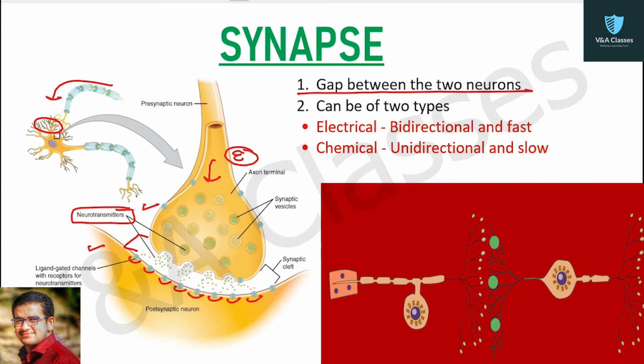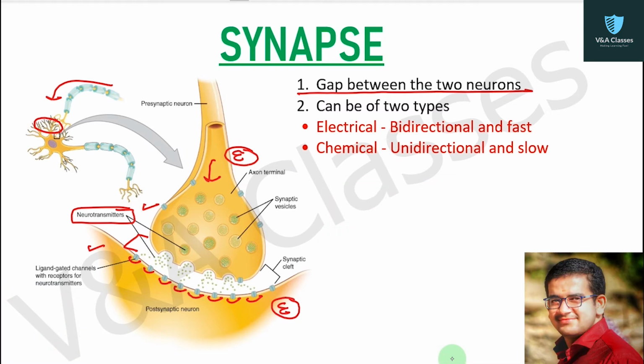And again, the impulse in the form of neurotransmitter, which is a chemical impulse, gets converted into an electrical impulse in the second neuron. So the synapse is a place where there is conversion of electrical impulse into a chemical, and again the conversion of chemical impulse into an electrical impulse.